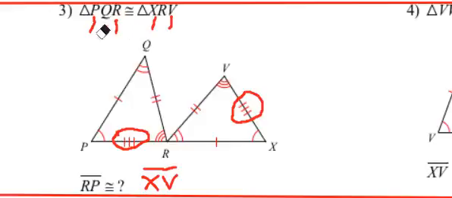So let me erase here and let's just think about what some other questions could be. If they ask me what is congruent to line segment PQ, there's PQ right there. Looking at the diagram, I can see it's got to be RX.